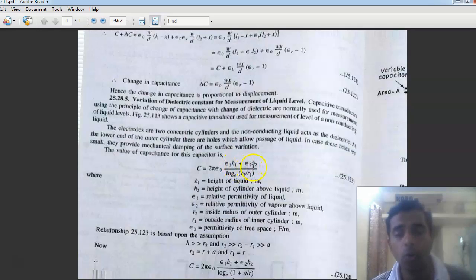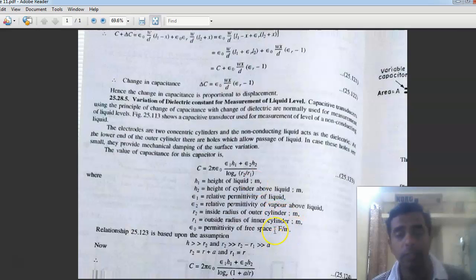Likewise, the epsilon 2 term depends on the value of h2. So h1 will in turn affect this product, or the dielectric value, and h2 will in turn affect this product. So based on the variation of h1 and h2, the dielectric values vary, and as such the capacitance also varies.